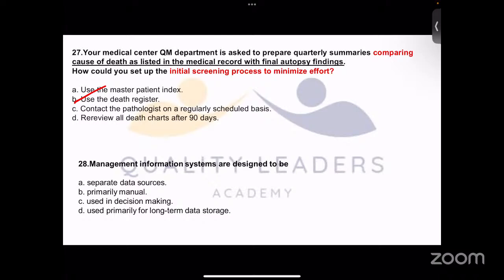Autopsy results also appear in the death register. Since they are discussing the final autopsy findings, they are referring to causes of death, so you should check the death register. Letter B is the correct answer.